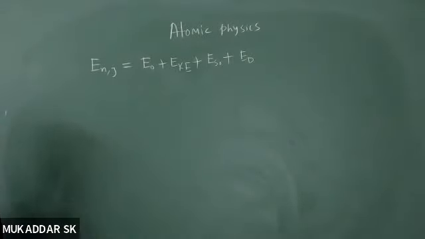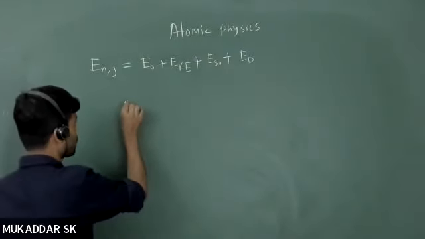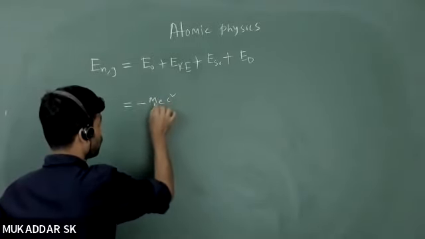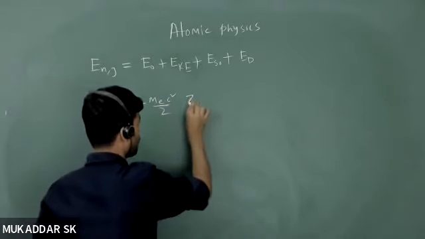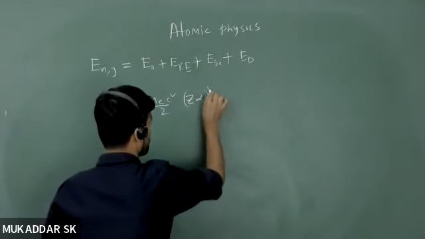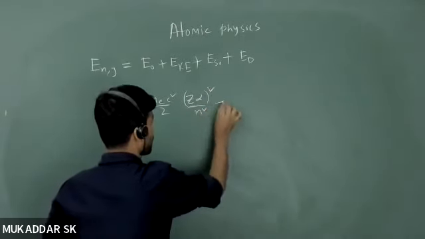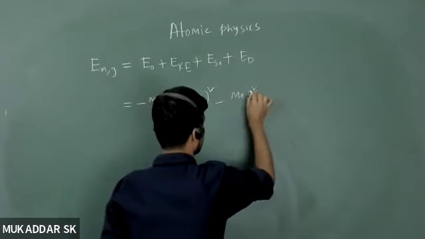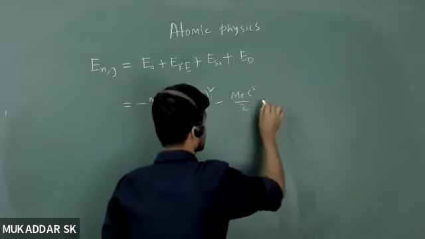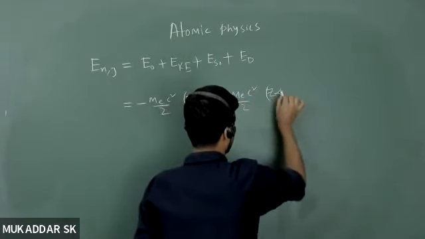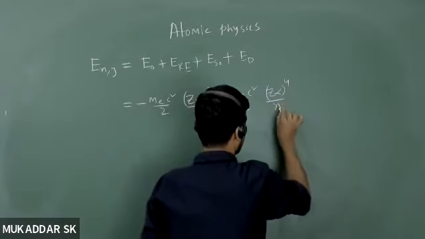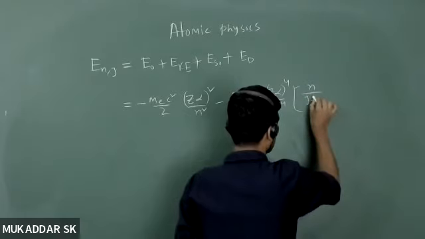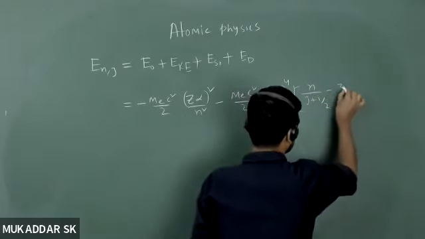So if you summarize all these terms, if you write the ground energy of your system in terms of the fine structure constant, you will get the total energy of your system will be m_e c squared by 2, then Z alpha squared by n squared, minus m_e c squared by 2, Z alpha to the power 4 divided by n to the power 4, into n divided by (j plus half) minus 3 by 4.